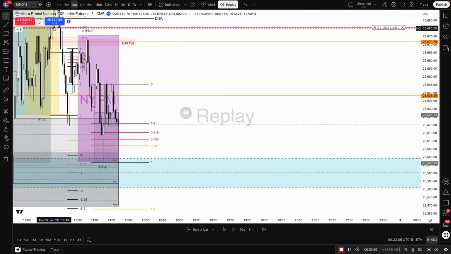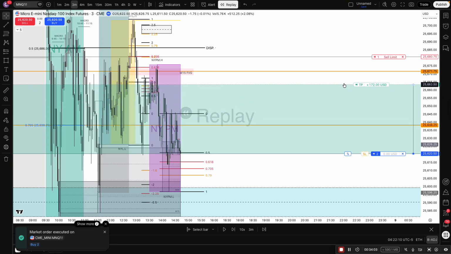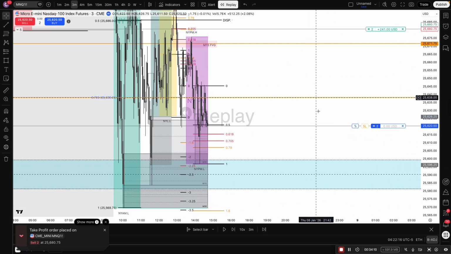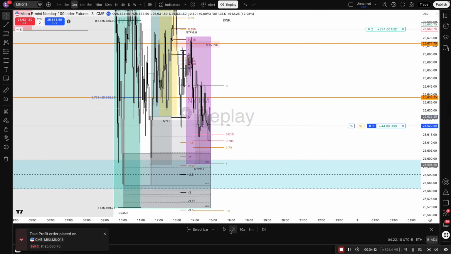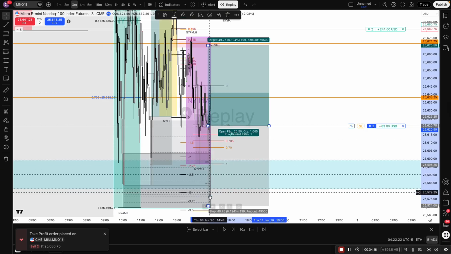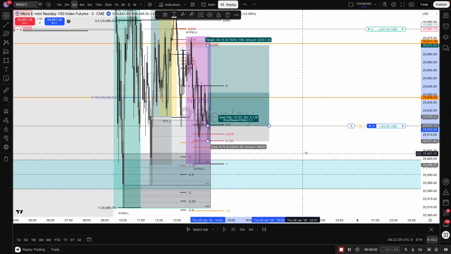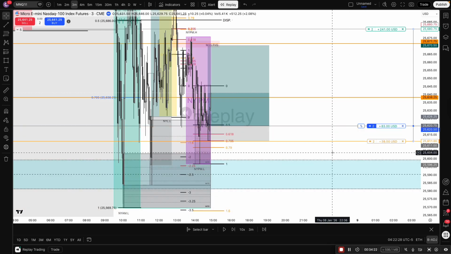Okay, OTE was tapped there. Buys, I want to see us come up to this 1.6 up here. And the hourly that is attracting price. Okay, stop. So I'm going to put this low now just because we're so extended.